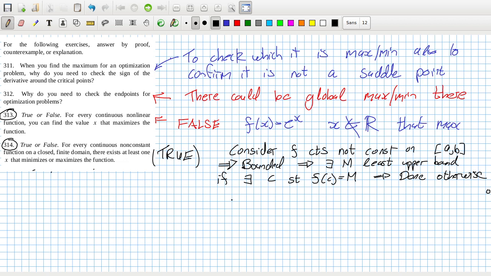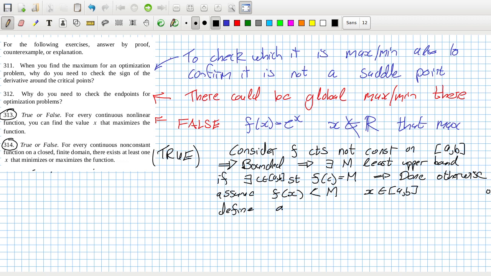Otherwise, assume that f(x) is less than M, that there is no c. I should have said there exists a c in [a, b].